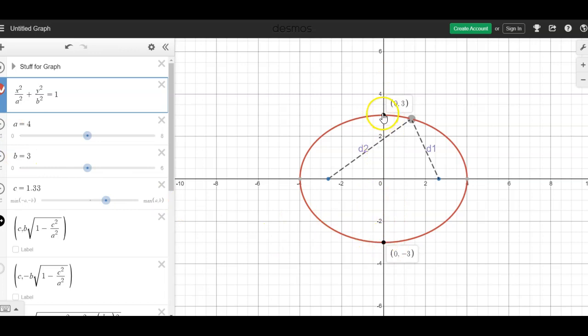The y-axis is the minor axis, and our intersections are -3 and +3, the value of b, which is under y. The major axis is called that because it's longer. -4 to +4 is longer than -3 to +3. And a, the number being squared underneath the x squared, is the bigger number.